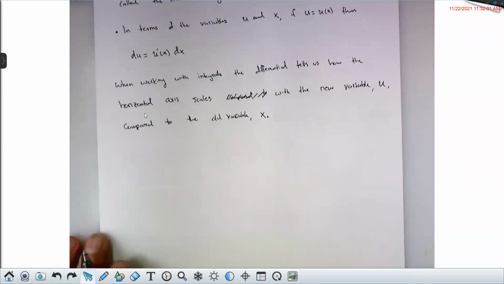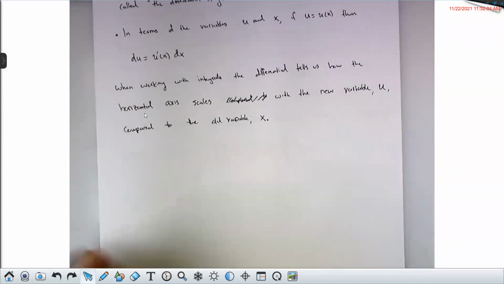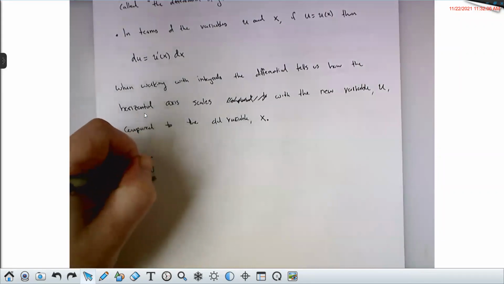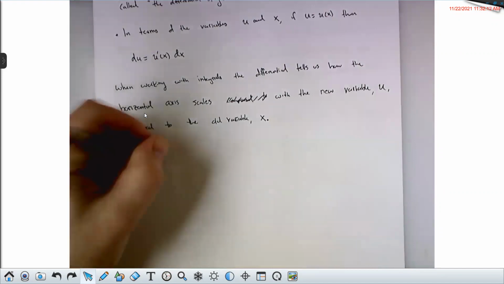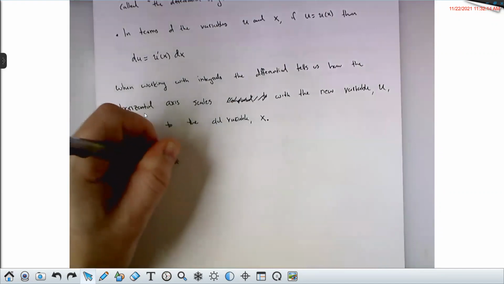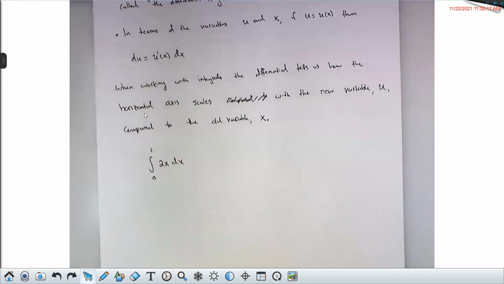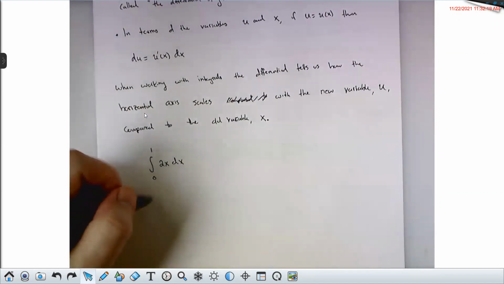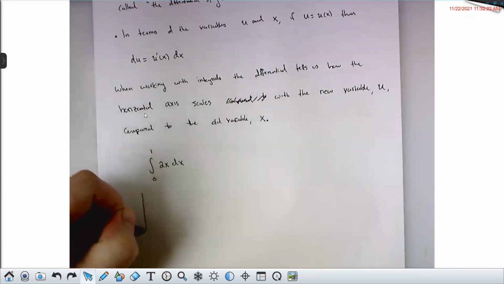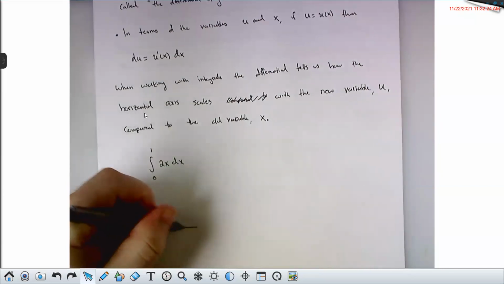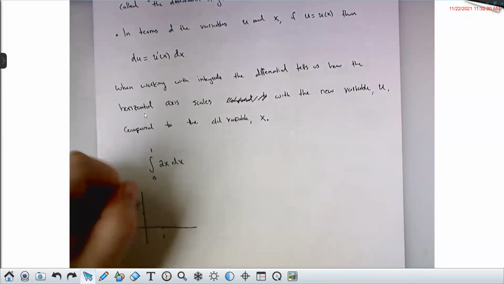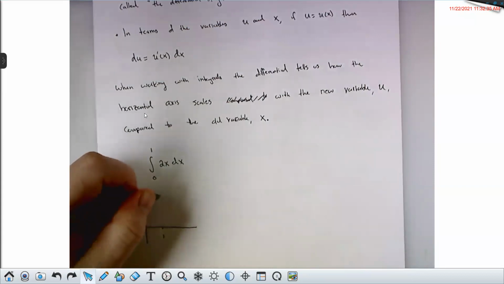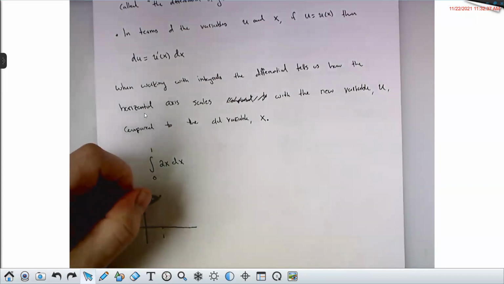So let me look at two very simple integrals. The integral from, say, 0 to 1 of 2x dx. Of course, we know how to do this integral. That's not terribly exciting. We could actually do this several ways.